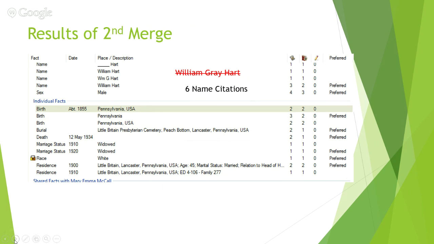William Gray is not there. His complete birth date is not there. More importantly, the 1920 residence fact is not there. So some would say that Ancestry deleted the facts, and I can't argue with that.